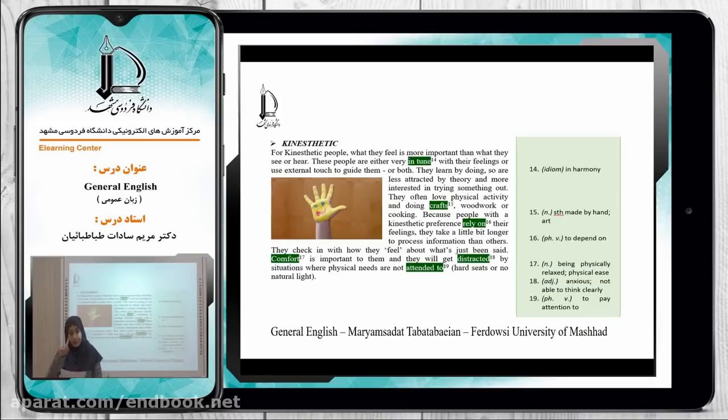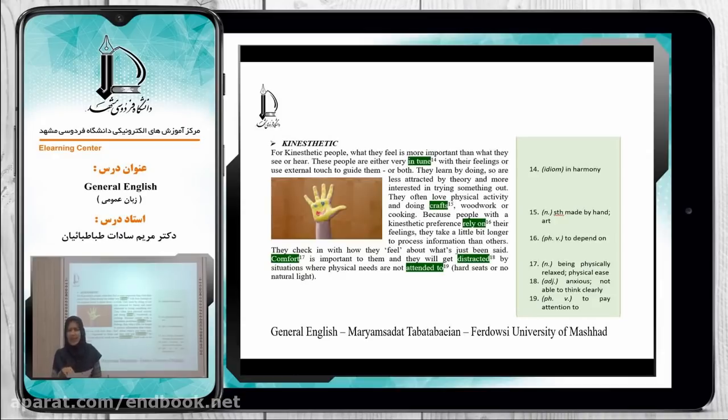So, either actually what they feel, their feelings, or external touch, just touching things simply. Movement, remember? Or they use both of them together. It also says that they learn by doing.